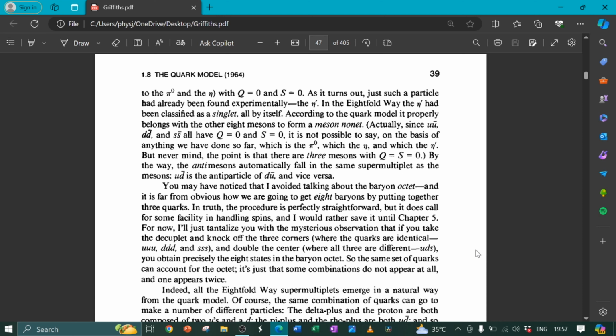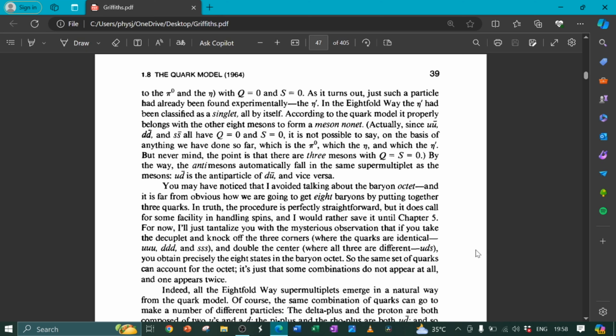For now, I'll just tantalize you with the mysterious observation that if you take the decuplet and knock off the 3 corners where the quarks are identical, UUU, DDD and SSS, and double the center where all 3 are different, UDS, you obtain precisely the 8 states in the baryon octet.